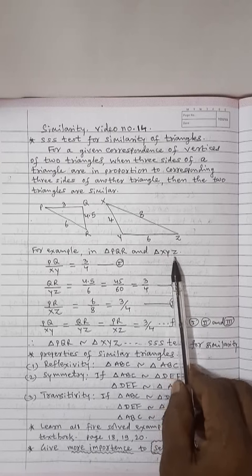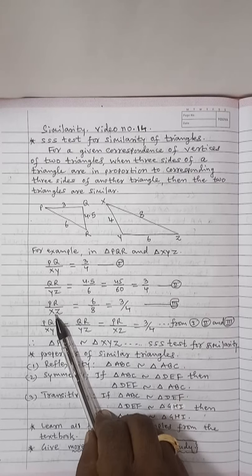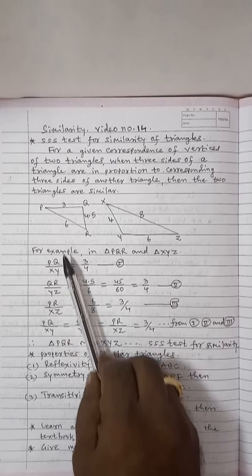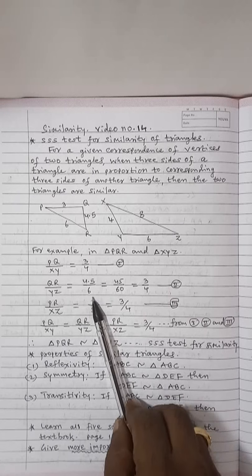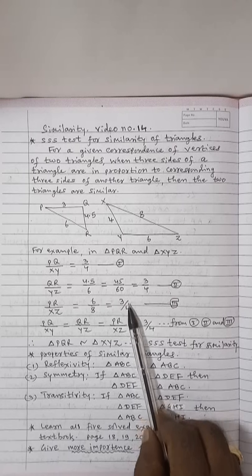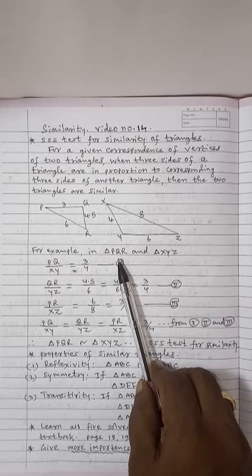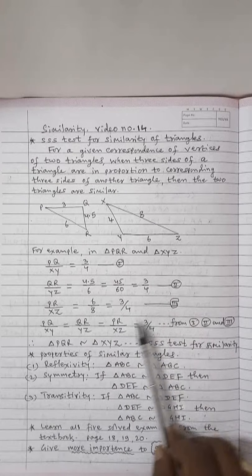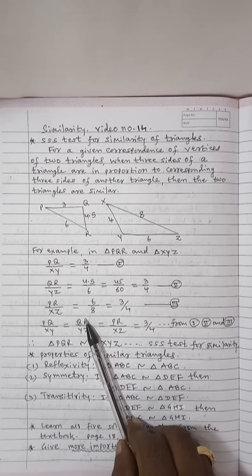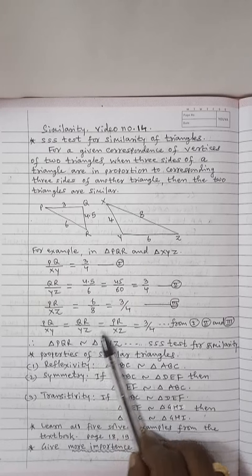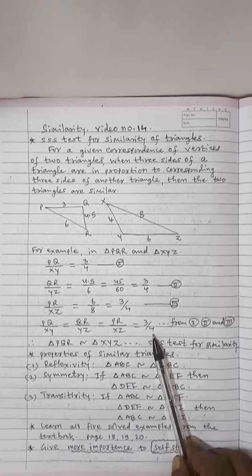Then PR upon XZ, ratio of corresponding sides. PR is 6, XZ is 8, and 6 upon 8 in reduced form is 3 upon 4, result number 3. So from 1, 2 and 3, we have PQ upon XY is equal to QR upon YZ is equal to PR upon XZ is equal to 3 upon 4.